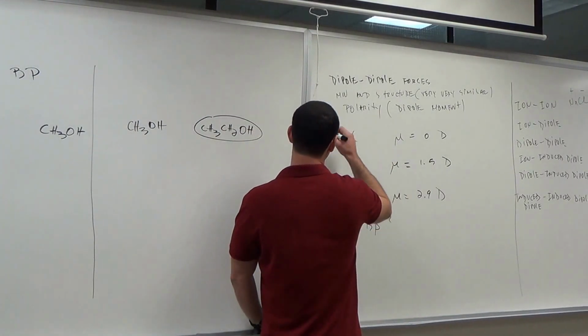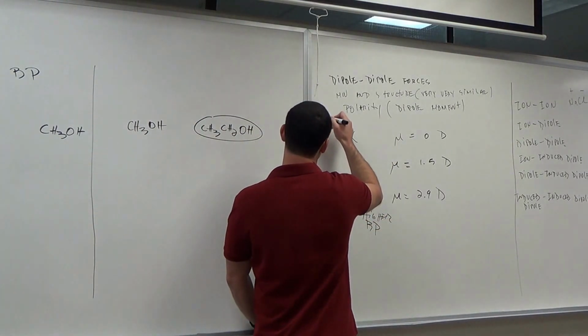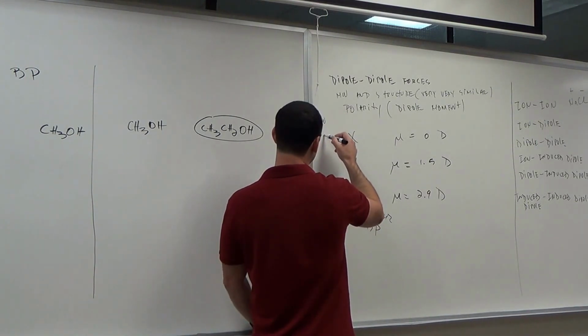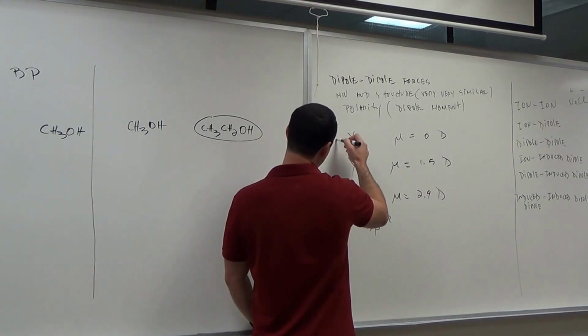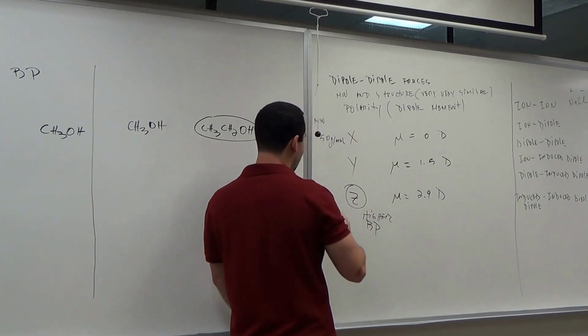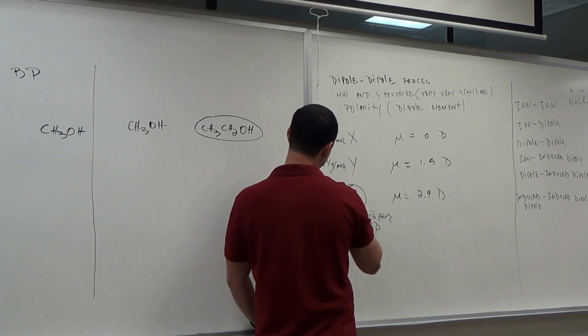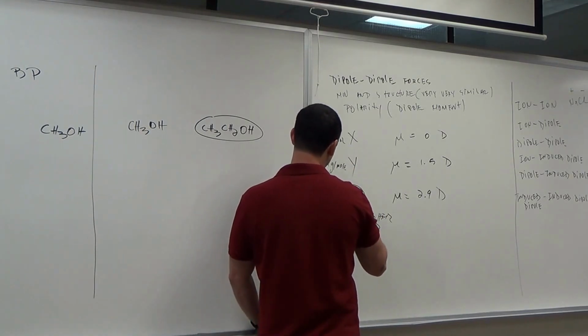So let's say this is the molecular weight here. The molecular weight of this, let's say, is 50 grams per mole. The molecular weight of this is 54 grams per mole, and of this is 52 grams per mole.